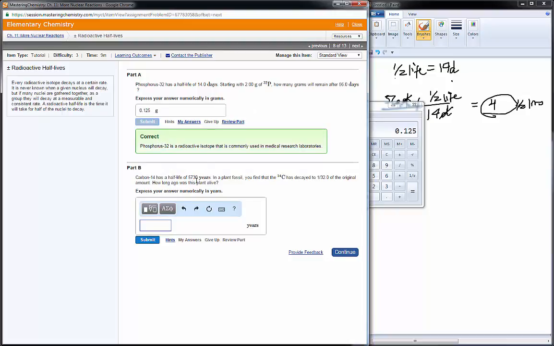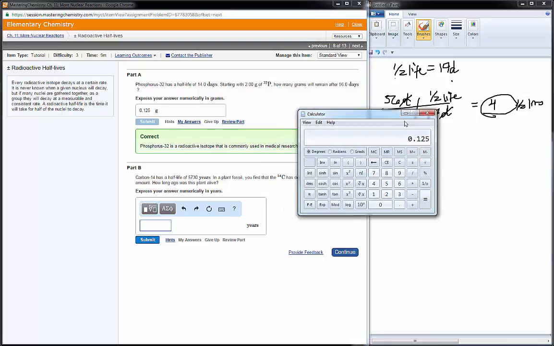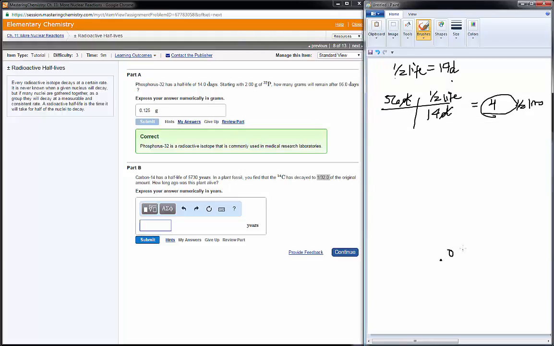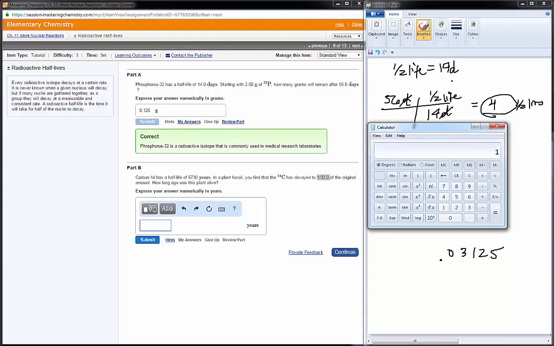Next, carbon-14 has a half-life of 5730 years. And if we find that it has decayed to 1/32 of the original amount, that's the fraction that remains, not the amount, but the fraction. So 1/32 is 0.03125. We want to know how many times I have to take my original 100% and divide by 2 to get that fraction.